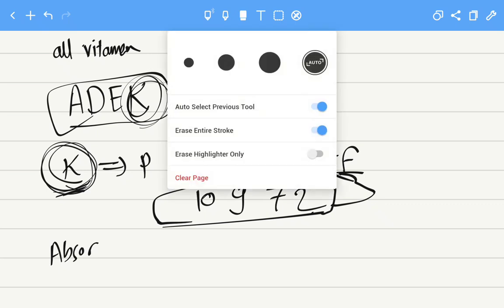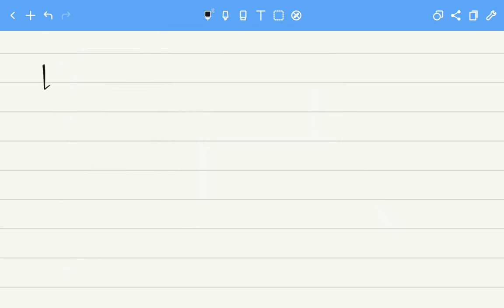So we will do in the lab test INR and the prothrombin time.